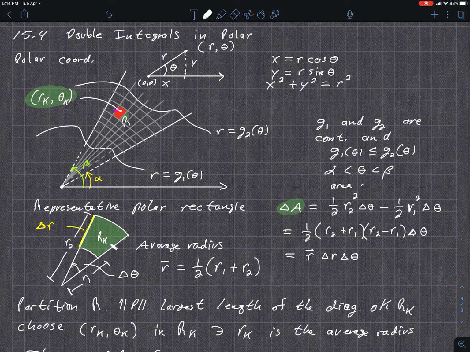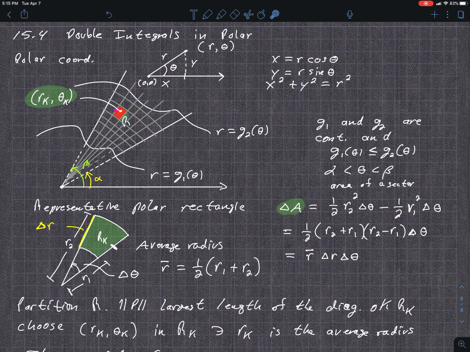You can look up that the area of a sector is that. Let me write that down: area of a sector. And then we would subtract off the lower part. The lower part here would be one half r1 squared delta theta, this piece here.